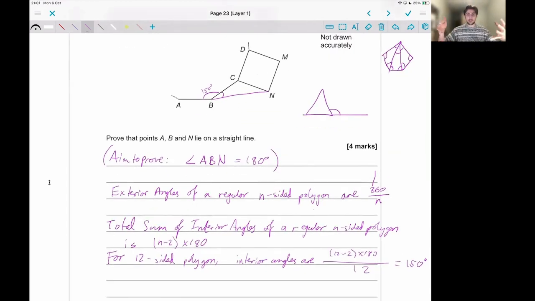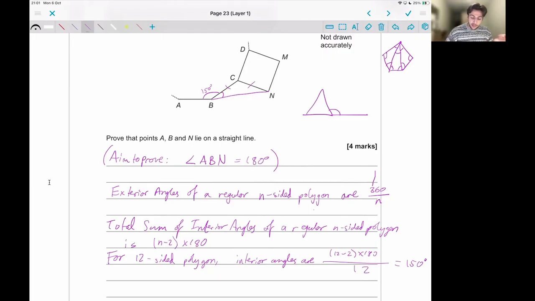So let's look at this triangle CBN in a bit more detail. We know from the first thing we said when we looked at this shape that it's an isosceles triangle because CB, it's a regular shape. So CB is the same as DC, but then DC is on a square. So DC is the same as CN. So CB and CN are the same. We have an isosceles triangle then.